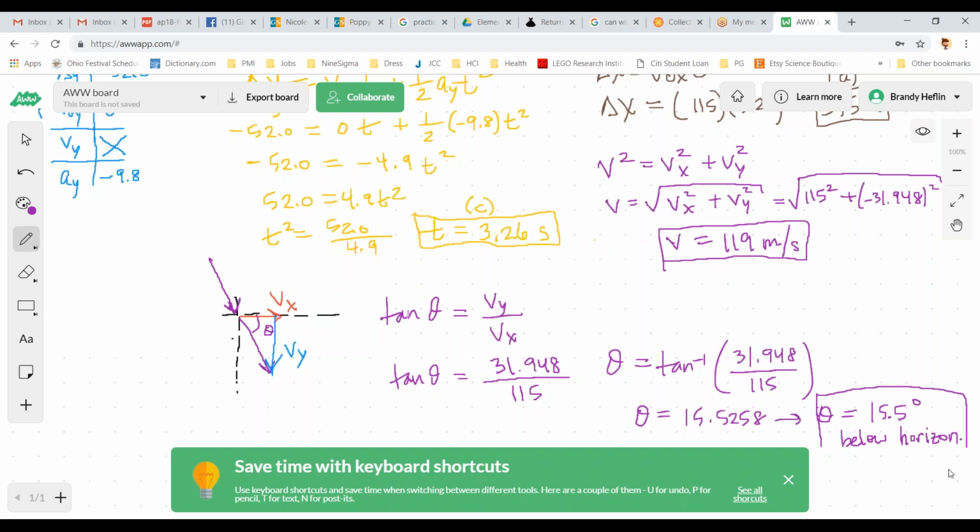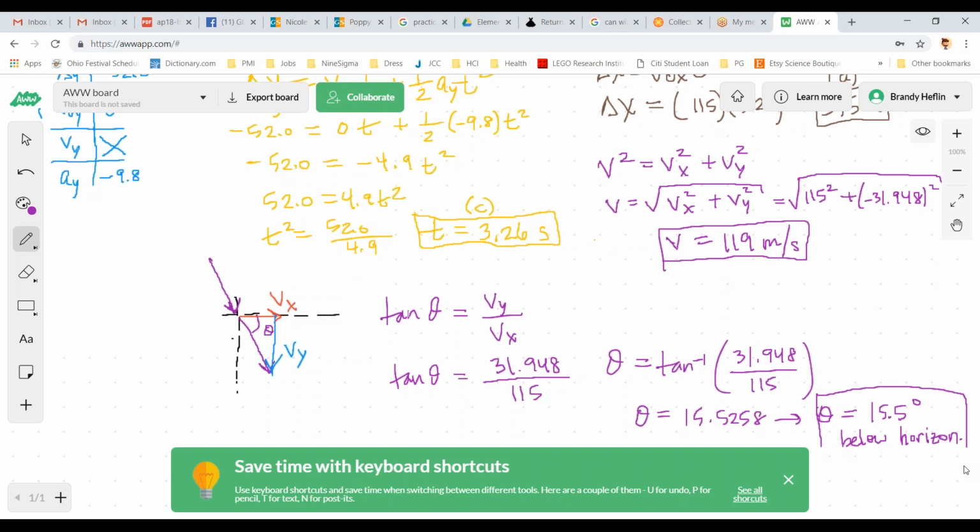So the projectile problems can be a lot of work because there are a lot of things that can be asked. But once you have a method in place for organizing your given information so that you can select the appropriate equation, it makes it a lot easier. You're pretty much always going to do one of two things. You're either going to use the horizontal direction to find time and then use time to do something with the vertical direction.